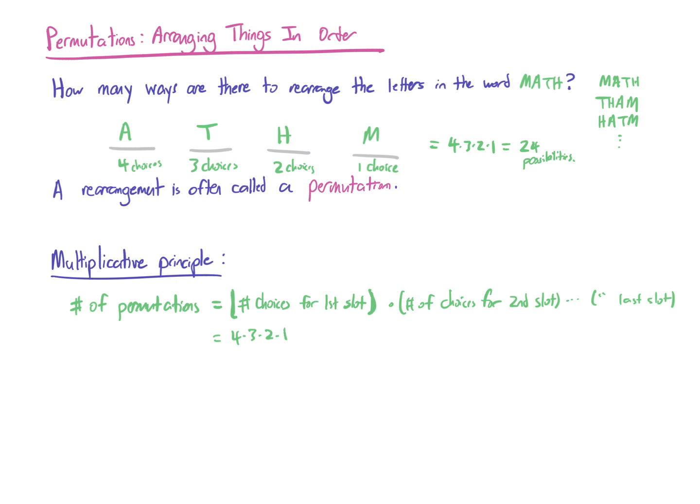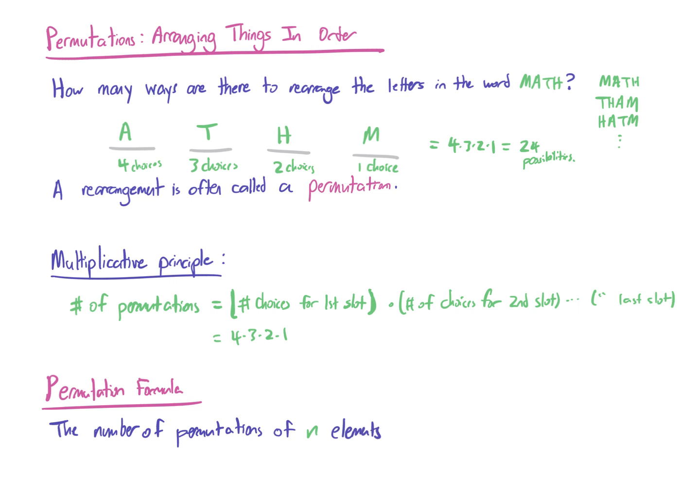Now, if you are looking at this expression and thinking it looks a little bit familiar, you'd be right. So the permutation formula in its first and simplest form says that the number of permutations of n elements or objects is, okay, so we saw our formula here.